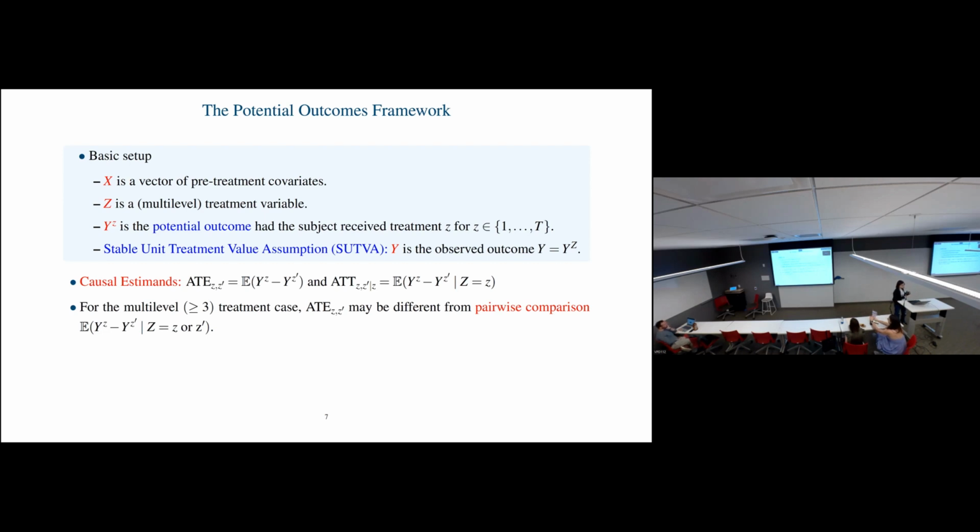And the paper points out that for the multi-level treatment case, the average treatment effect may be different from a pairwise comparison because fundamentally they are looking at different populations. One focuses on the entire population, so that's ATE, right? And one looks at just the pairs, the two treatment groups. Okay.